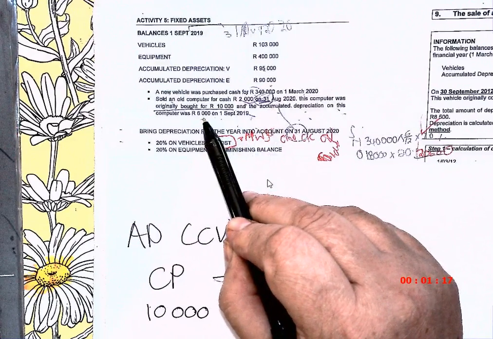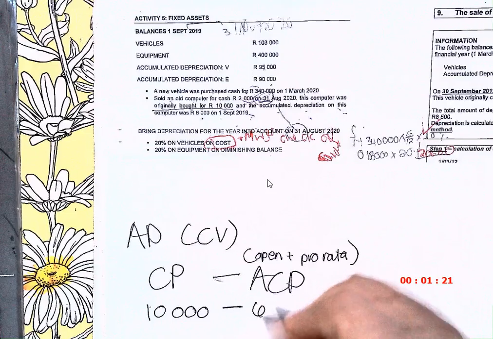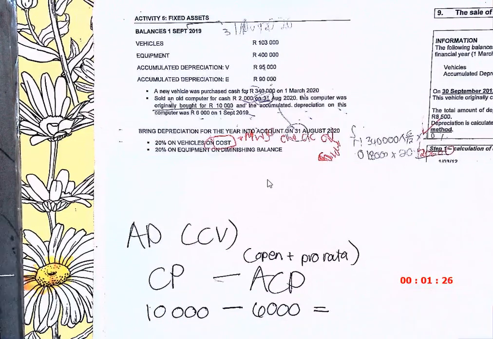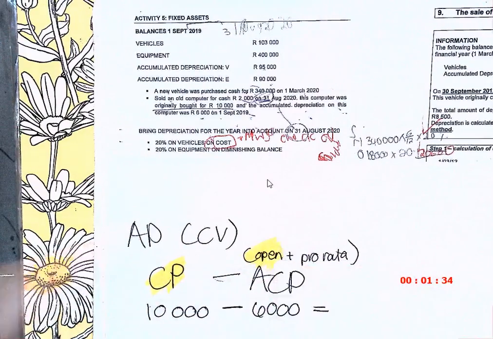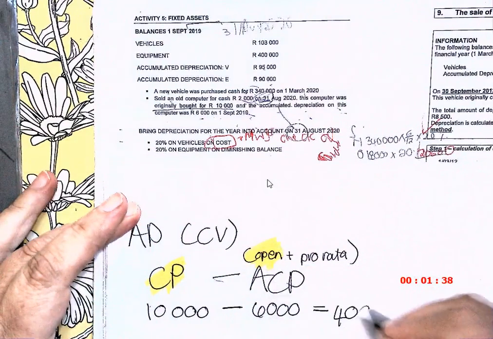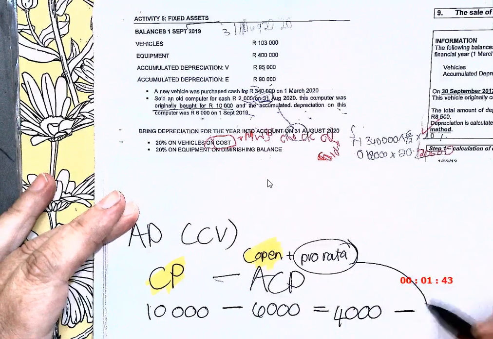So, up to the first day of the year, the accumulated was 6,000. So now I know I have already taken the cost, I've subtracted the opening, and that gives me a 4,000 carry value. But I still need to subtract the pro rata.